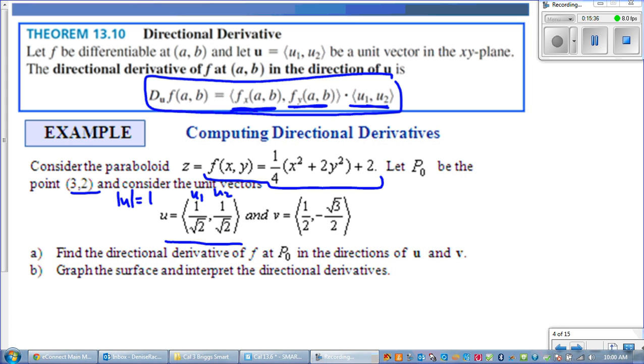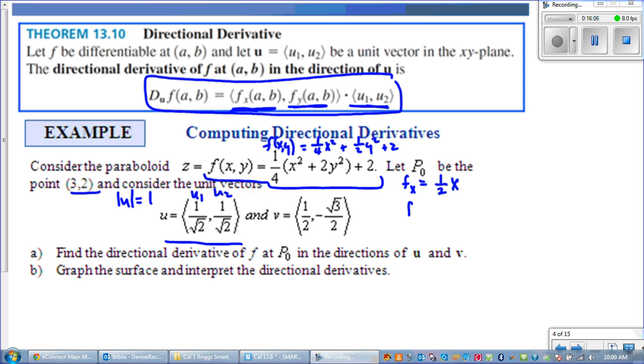So let's go ahead and find the partial derivatives of this function f. Now I'm going to rewrite this as 1/4 x squared plus 2/4 y squared, so 1/2 y squared plus 2. So the derivative of f with respect to x will be 1/2 times x and then plus 0.